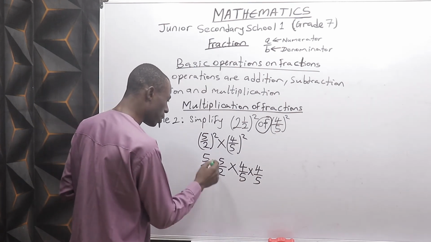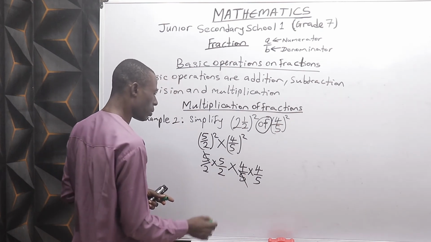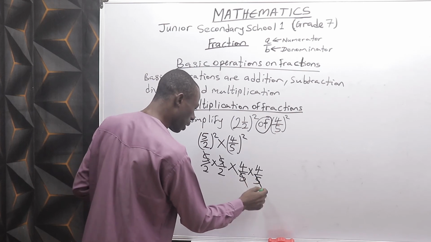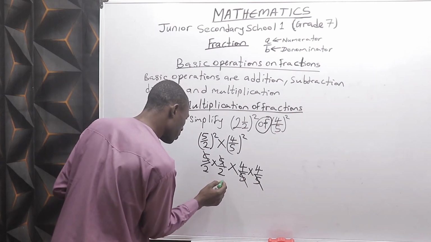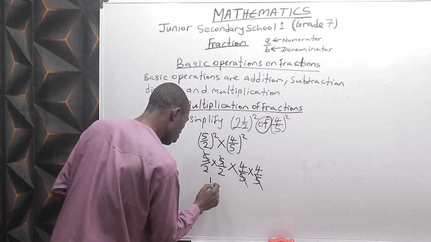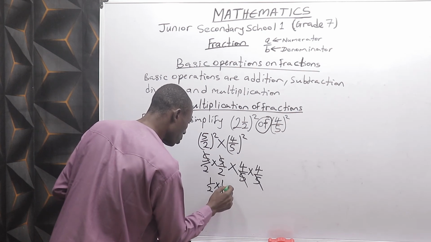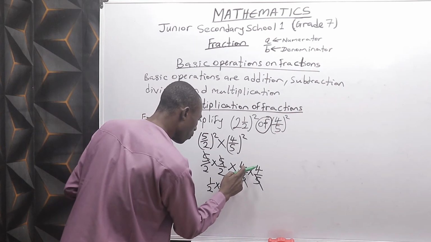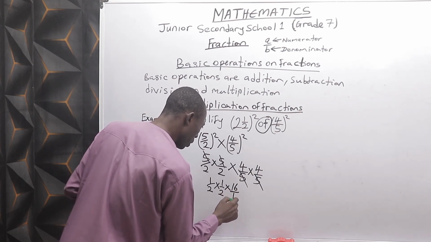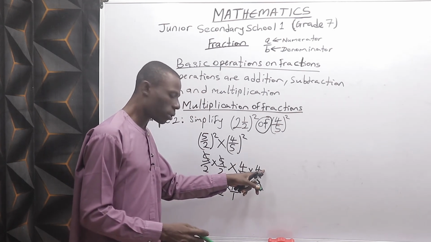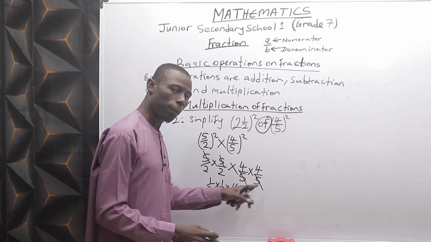So looking at this, easily you can see that this 5, we cut this 5. This 5, we take care of this 5. So we can write 1 over 2 times 1 over 2 times 4 times 4, that is 16 over 1, because 1 is what we have left here.